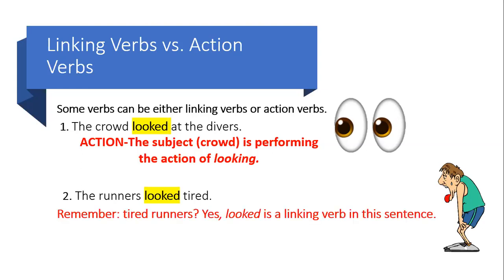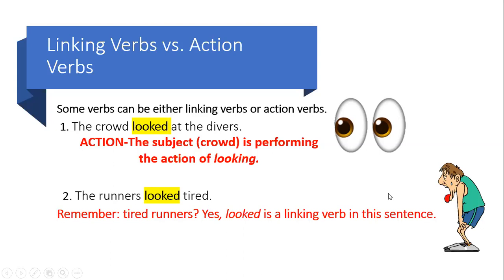Okay, so remember, tired runners. It just makes sense. You can talk about tired runners. So looked in this sentence is a linking verb, okay? Because the adjective tired is describing runners. They're saying how they look.